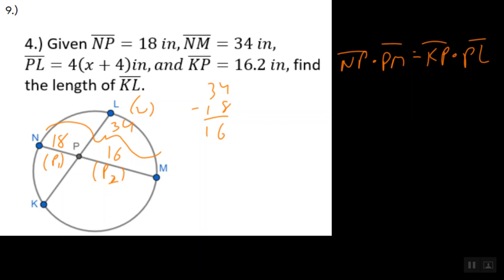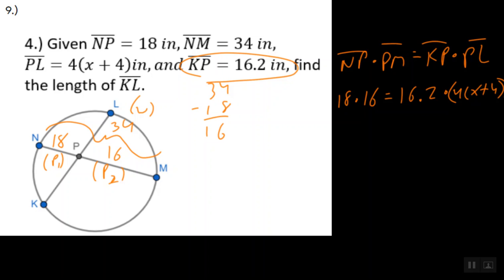And let's go ahead and fill in all the things we know. We know NP is 18 times PM is 16 equal to, and here KP is 16.2 times PL, which we want to put in parentheses, which is 4 times x plus 4.